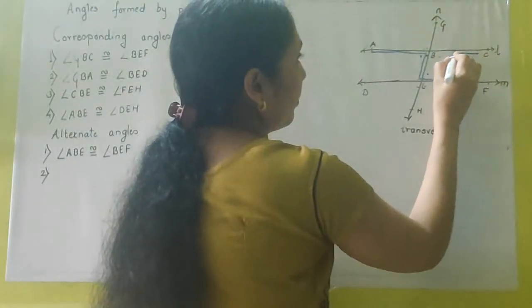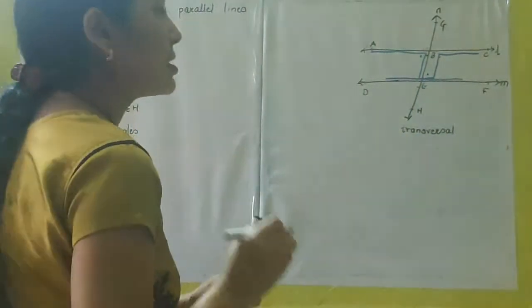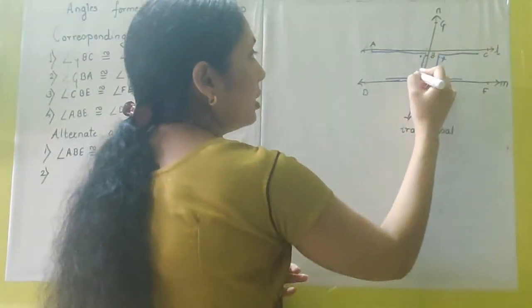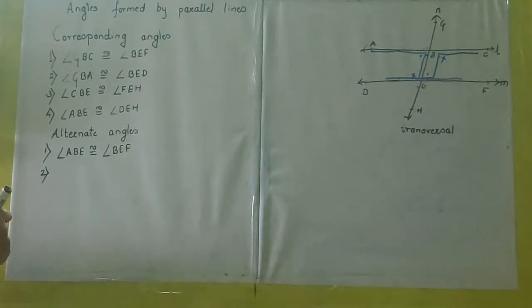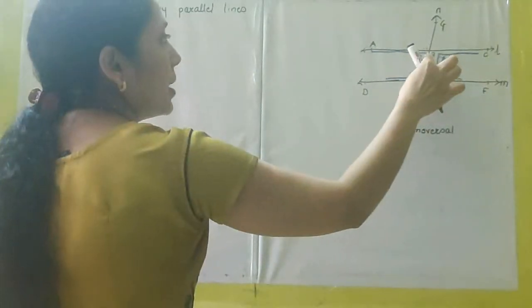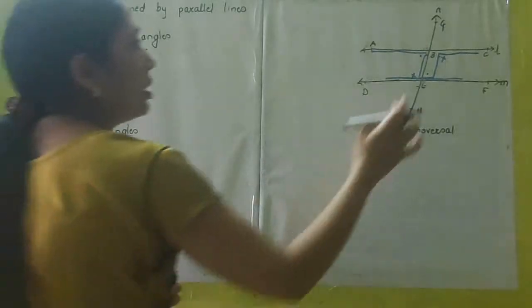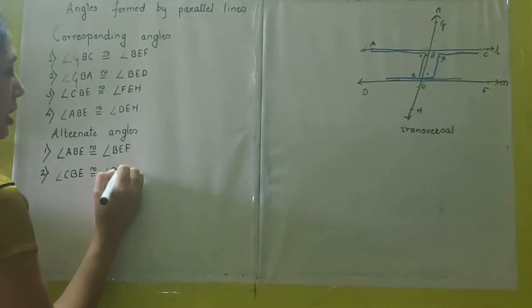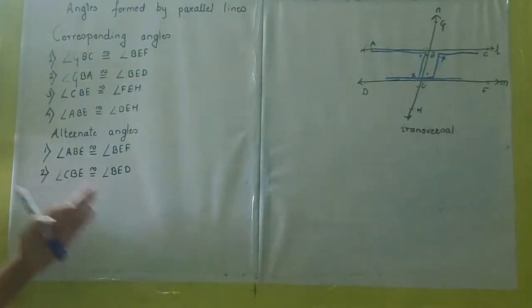Take over here, from here, this is the second Z, the opposite Z, ulta Z. So this is the angle and this is at the corner. Let's take the angles now: angle CBE is congruent to angle BED. So these are two pairs.